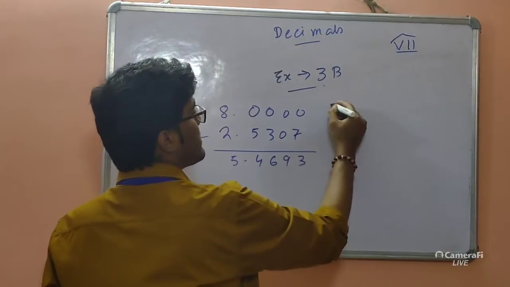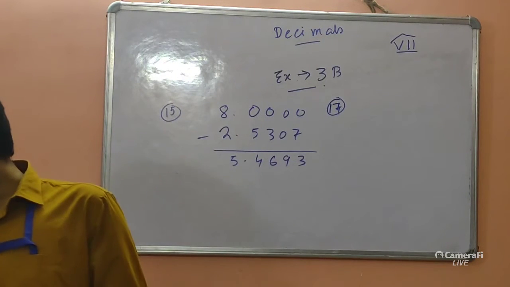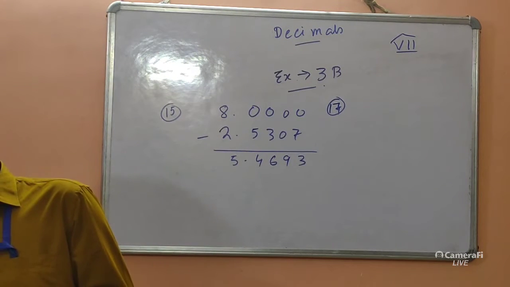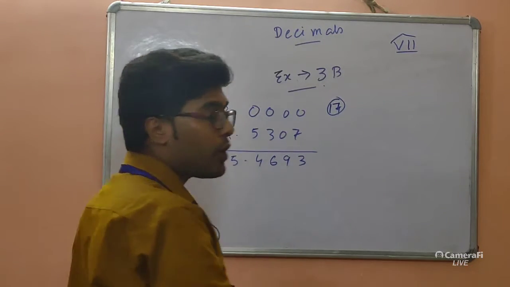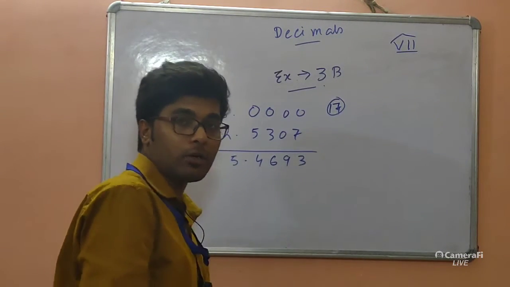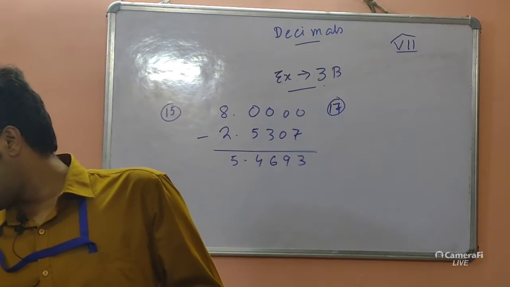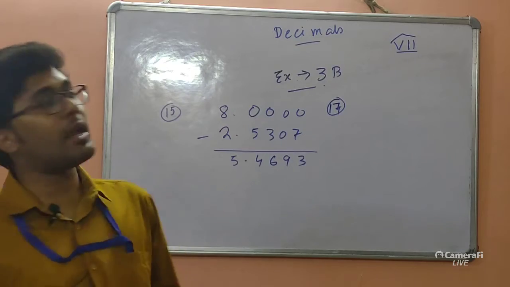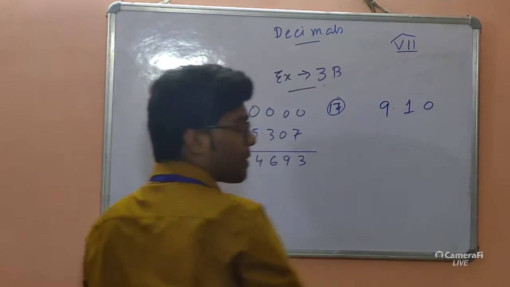Question number 17. Read the question. The question says, take out 5.746 from 9.1. So from 9.1, take out means we need to subtract. So we need to subtract 5.746 from 9.1. So we are writing 9.1 first. 9.10 suppose I am writing.